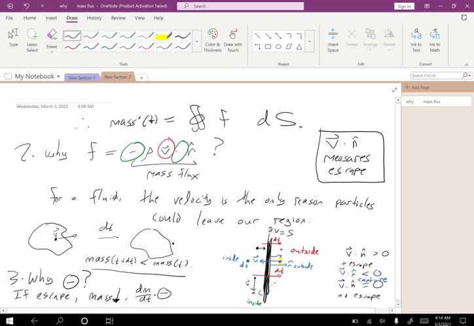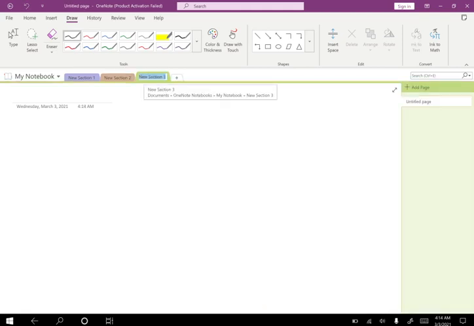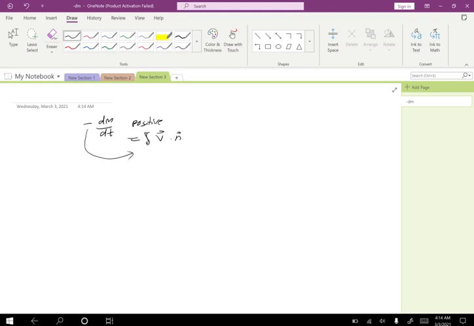And so to get a positive thing, we need to add a minus sign. So in other words, minus dm/dt would be positive, and this would be equal to the integral of v dot n.